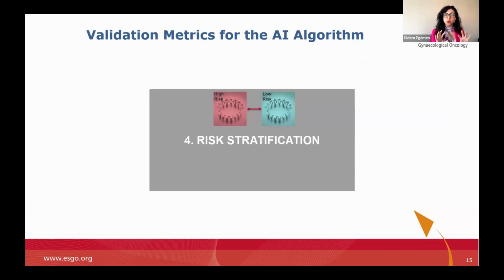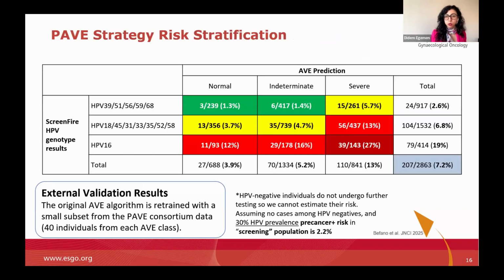It should be able to stratify high-risk individuals from low-risk individuals. As I showed you in my very first slides, in our external validation we were able to obtain very high risks, especially when we combine this AI-based visual test with HPV genotyping results.